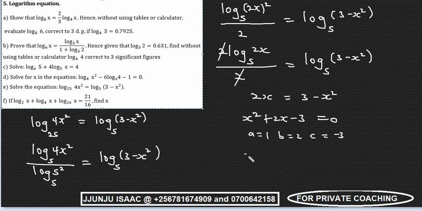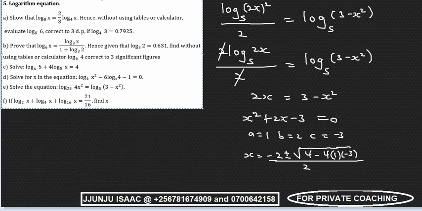So we can get x equal to negative 2 plus or minus the square root of b squared minus 4ac, which is 4 minus 4 times 1 times negative 3, then over 2 times a. This gives us negative 2 plus or minus, now 4 minus minus 12, that is 16. So root 16 is 4, divided by 2.